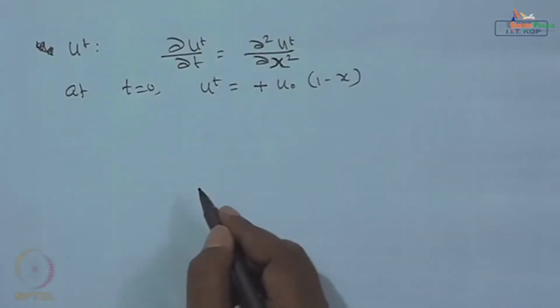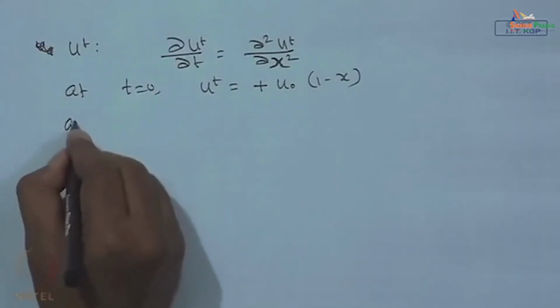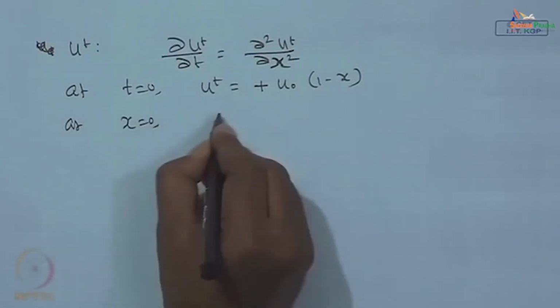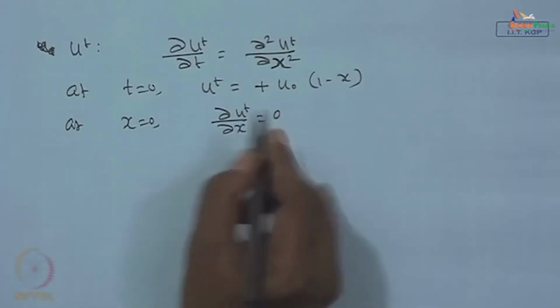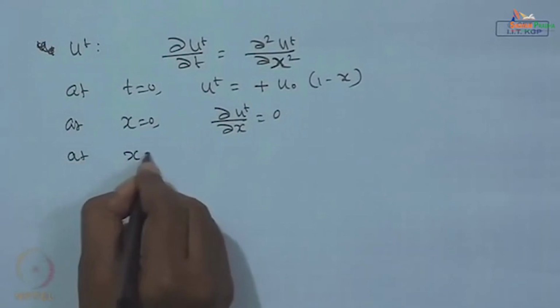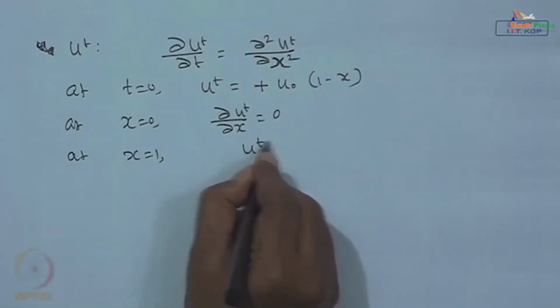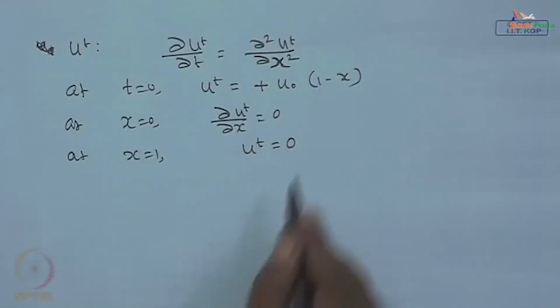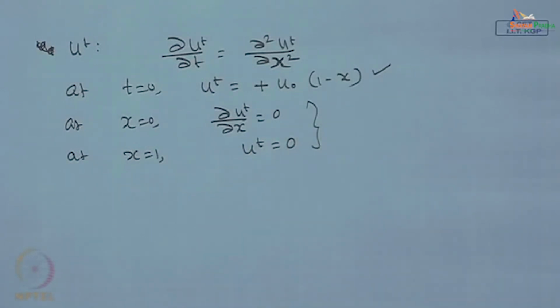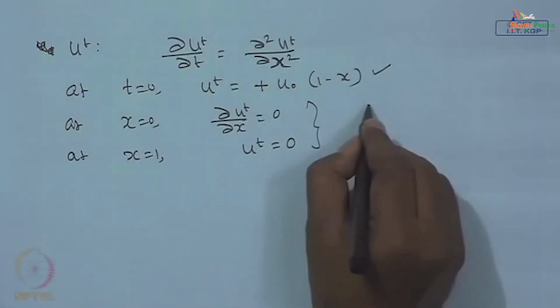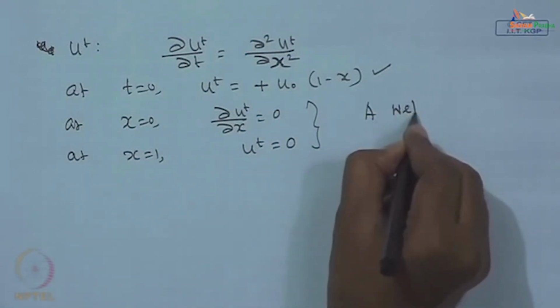That is the initial condition. At x is equal to 0, we have del u_t/del x is equal to 0, and at x is equal to 1, we had u_t is equal to 0. So, we have the homogeneous boundary condition and a non-homogeneous initial condition. So, this is a well posed problem.